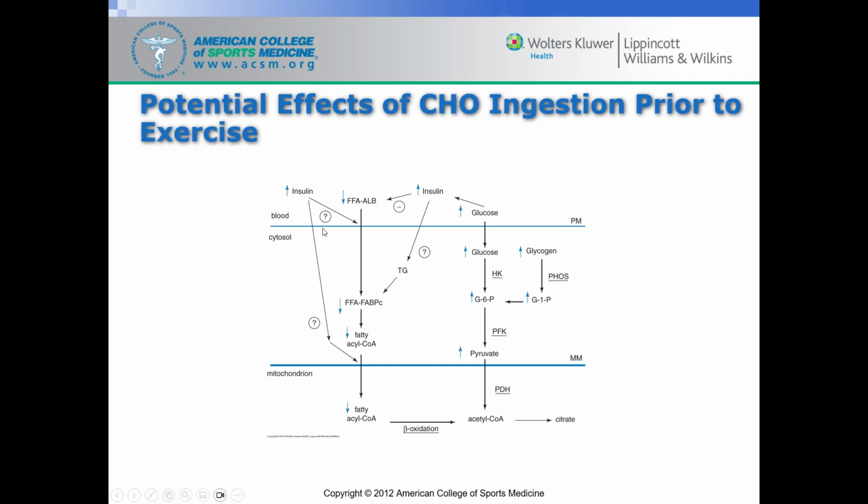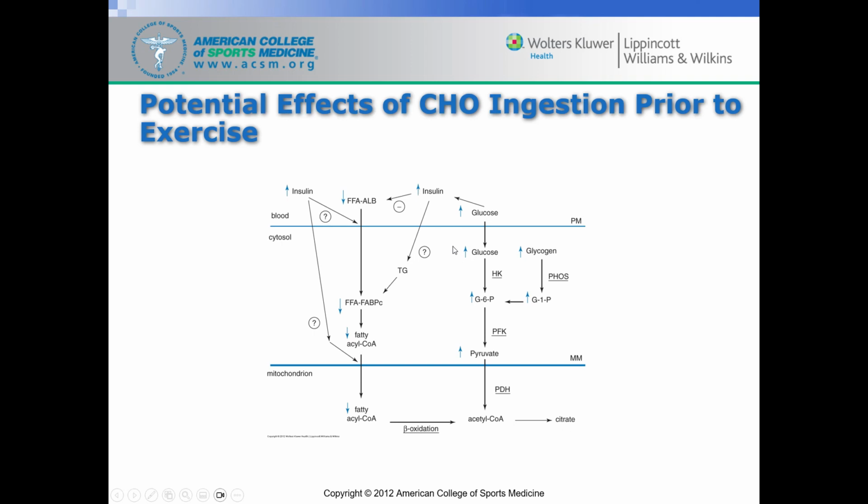So when you have increased free fatty acids, you're going to have an increase of insulin. That's going to stimulate fatty acid transport, fatty acyl-CoA, beta oxidation, acetyl-CoA production, and citrate. Now remember, citrate will also inhibit phosphofructokinase. When you have a lot of glucose, that also stimulates insulin.